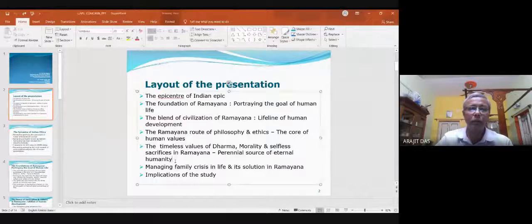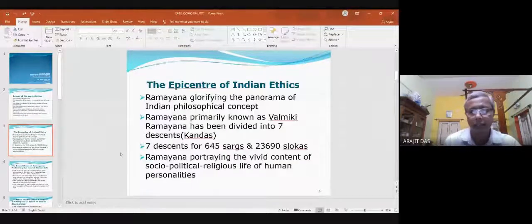The first topic is the epicenter of Indian ethics. Ramayana is one of the greatest Indian epics, and it glorifies the panorama of Indian philosophical concepts. This Ramayana, primarily known as the Valmiki Ramayana, has been divided into 7 descents or khandas, comprising around 23,690 slokas.